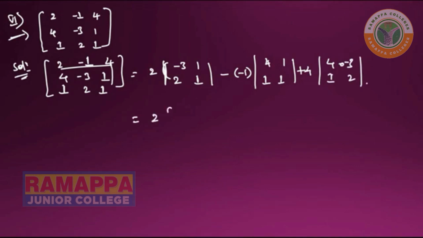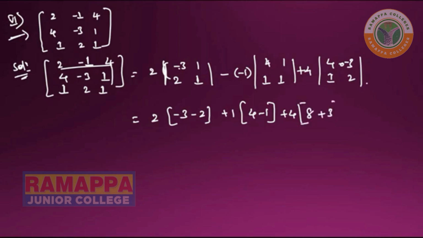So here 2 into this will become minus 3 minus 2, and here minus into minus plus 1 into 4 1 is 4 minus 1, and plus 4 into 4 2 is 8 and 1 3 is 3, plus 3 will come here.